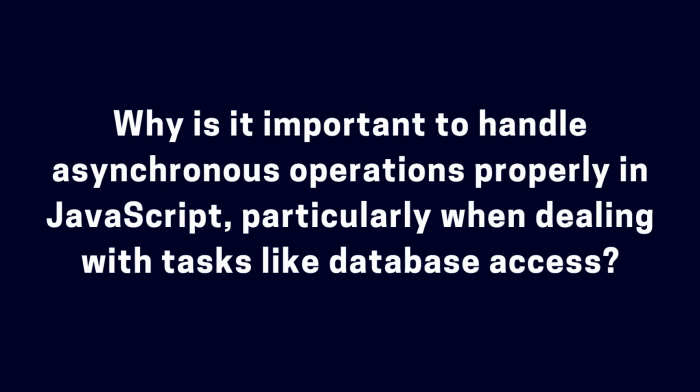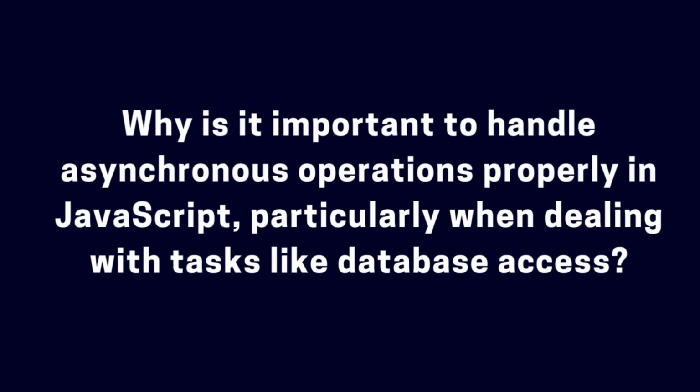This allows your application to remain responsive, efficiently processing multiple tasks without waiting for each one to finish sequentially. Proper management of asynchronous operations, such as using callbacks, promises, or async await, prevents issues like incomplete data retrieval or unexpected behavior, ensuring that the application functions correctly and smoothly.